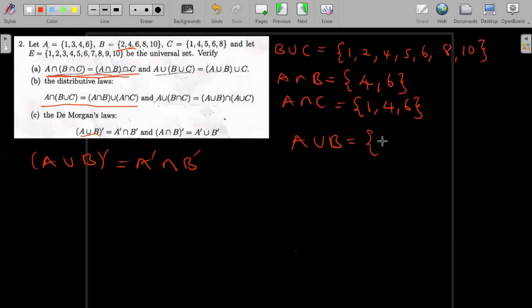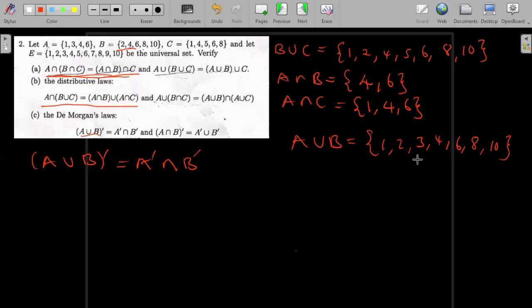So I'll have 1 there, I'll have 2 there, I have 3 in that set, I have 4, 6, 8, and 10 in that set. So this is what is going to be my A union B.